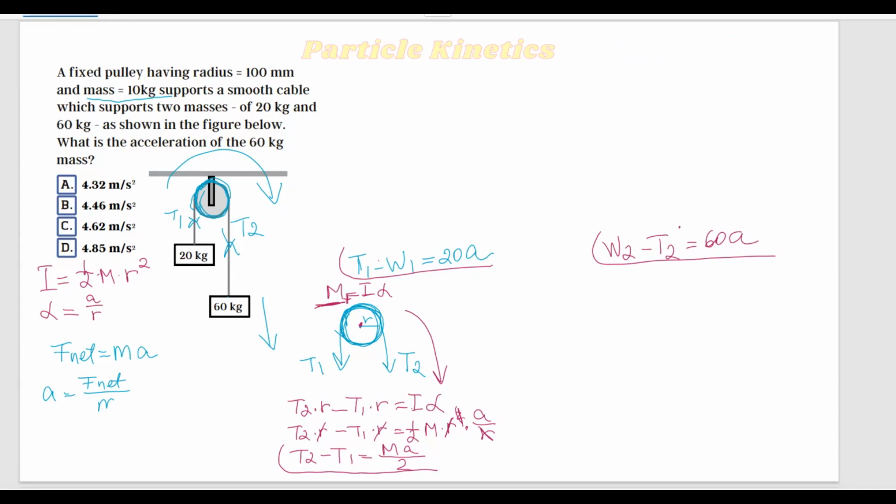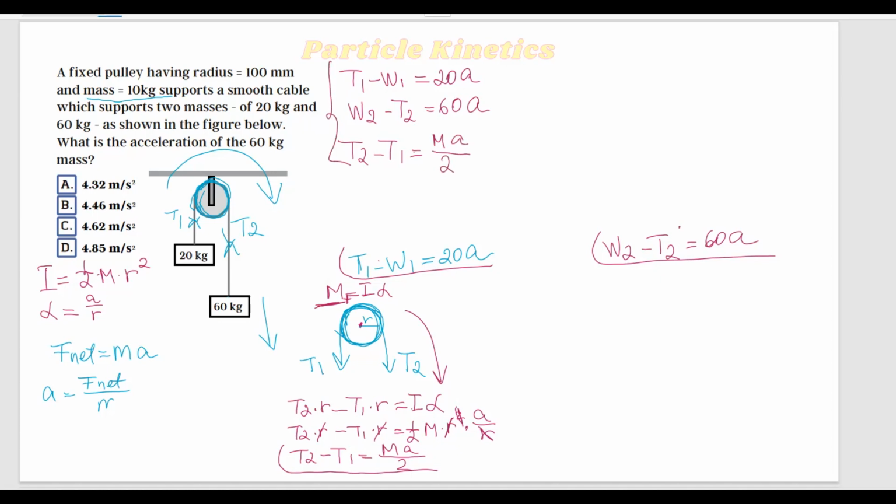Okay, so from this equation, I'll say T1 minus W1 equals 20A. And then I'll have the next equation, which is W2 minus T2 equals 60A. And the next equation is T2 minus T1 equals mass of pulley multiplied by acceleration over 2.